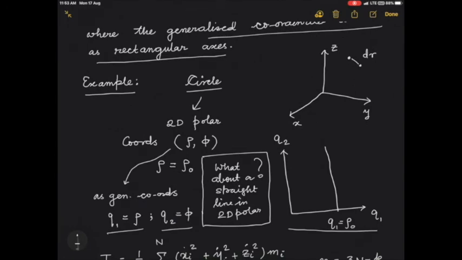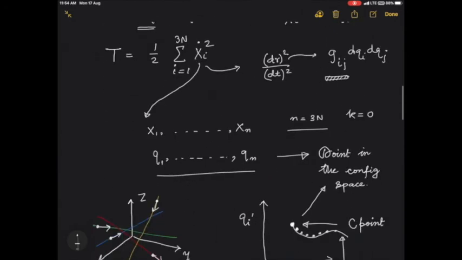In the case where a particle is constrained, it will impose certain geometry on it. If the particle is constrained to move in a circular motion, then you see that it will have a trajectory which looks like a straight line in the configuration space. And I asked you to calculate the trajectory of a straight line in 2D polar when I consider rho and theta as the two axes of the configuration space.